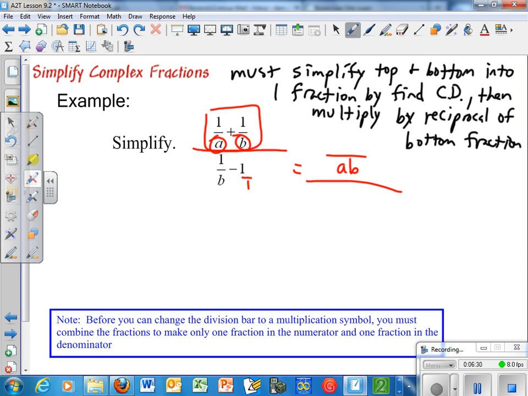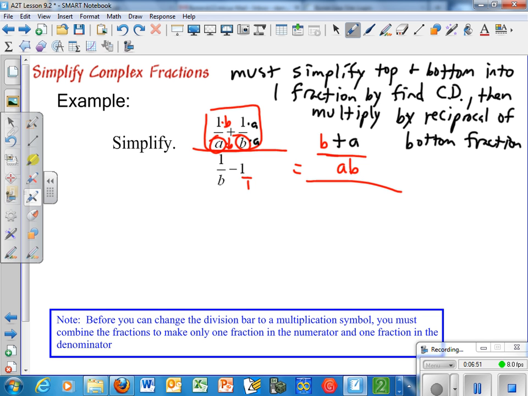Now, what do I multiply the left fraction? On the bottom, I have an A, I've got to multiply by B. So I'm going to multiply by B on top. Okay, so I have 1B or B. On the right side, what do I multiply this B by to get AB? I multiply by A. So it's plus A, or plus 1A.